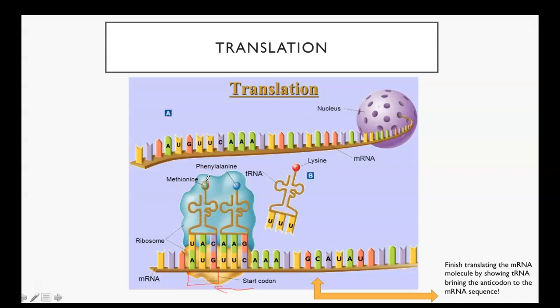Now, how did this amino acid get into the ribosome? Well, this amino acid was once out here. When this mRNA sequence entered this ribosome and read this codon right here, AUG, it alerted this tRNA molecule that this codon was just read, and that it has the corresponding anticodon.